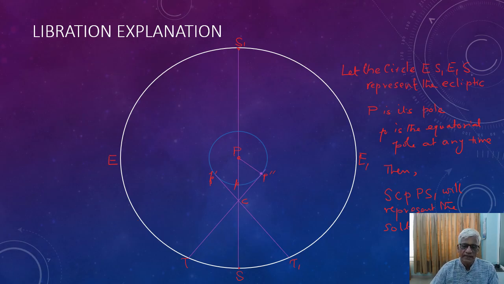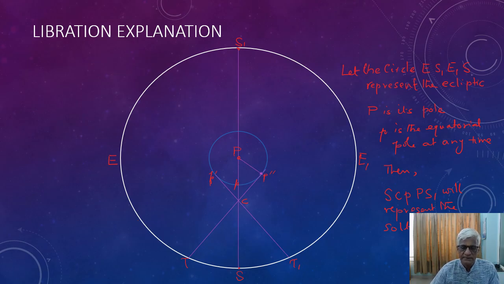Now let us make two arcs ST and ST1 at 27 degrees, and draw a line touching the circle of the precession at P dash and P double dash.